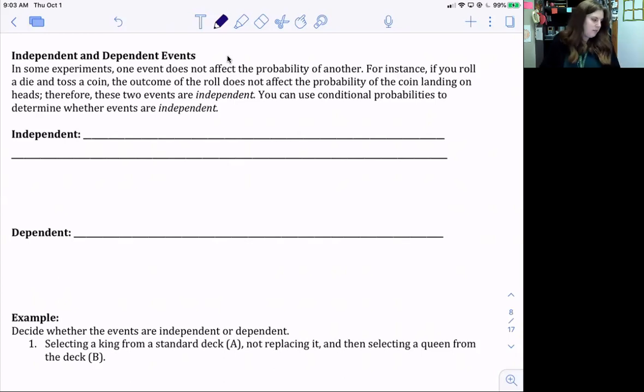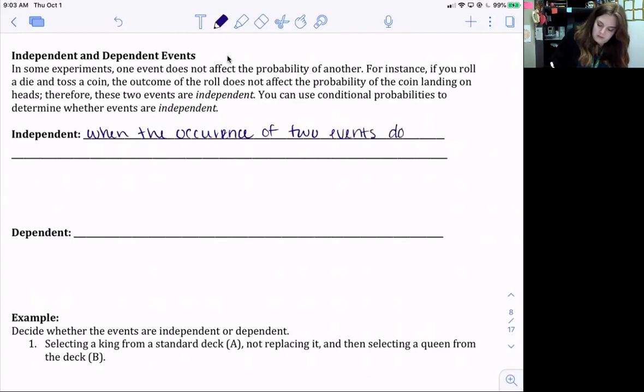So our definition of independent is when the occurrence of two events does not affect the probability of the occurrence of the other event.